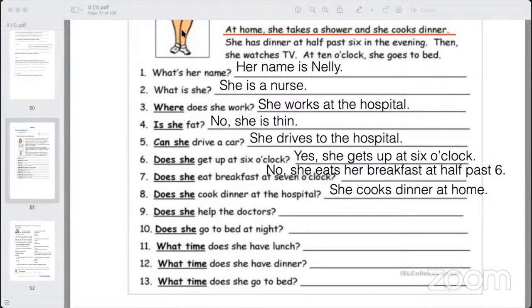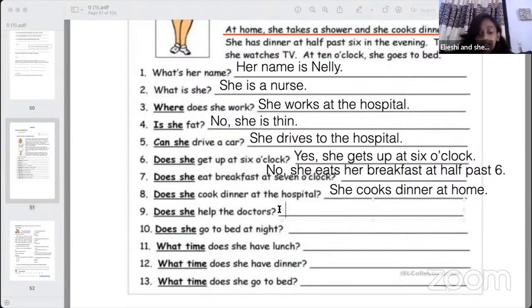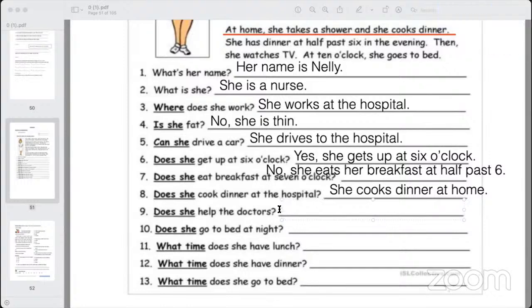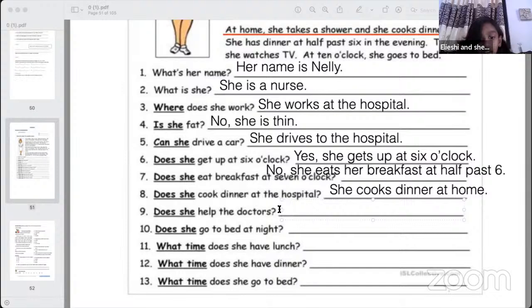Alicia, can you answer that question? Yes, ma'am. Number 9. Yes. So are you just going to write yes for that answer?